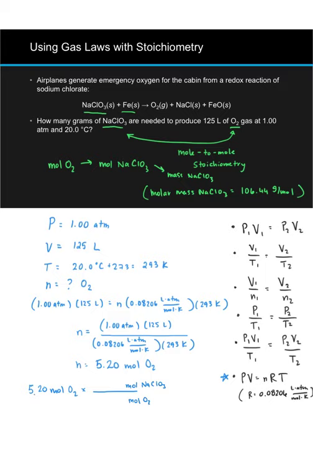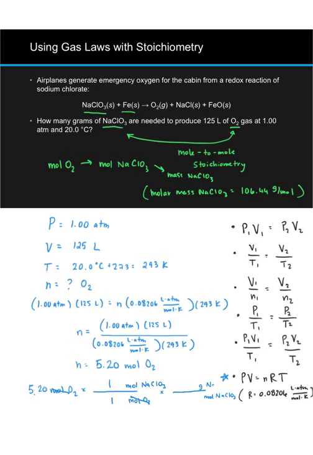For this, we use coefficients from our balanced reaction. Our coefficient in front of oxygen is 1. Our coefficient in front of sodium chlorate is 1. Next, we'll need to convert what's now moles of NaClO3 into grams of NaClO3.